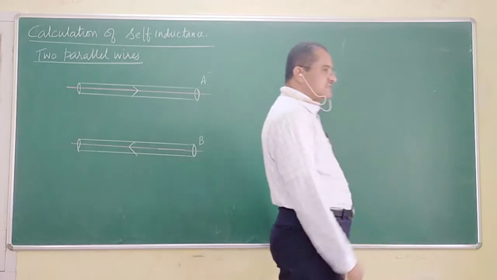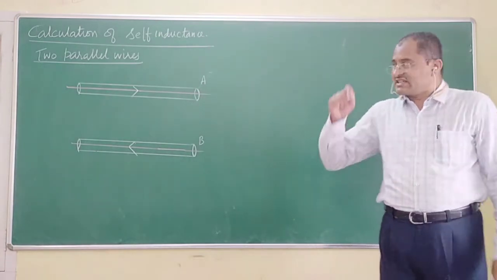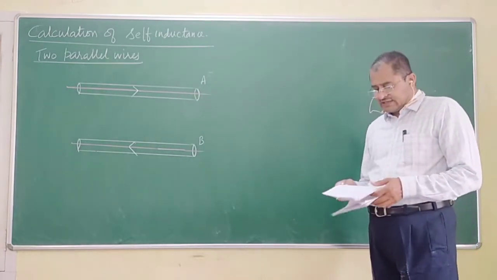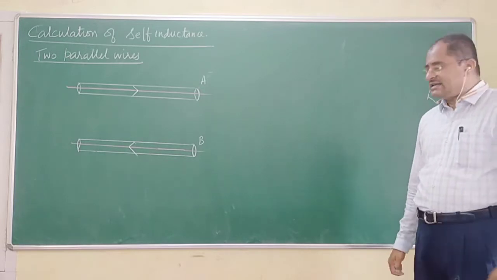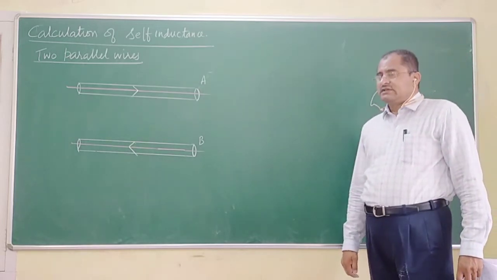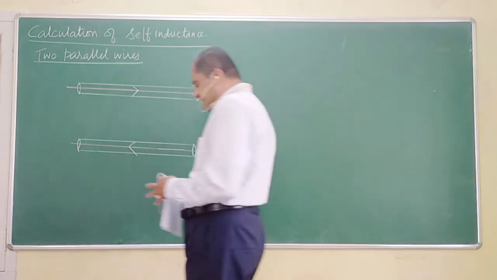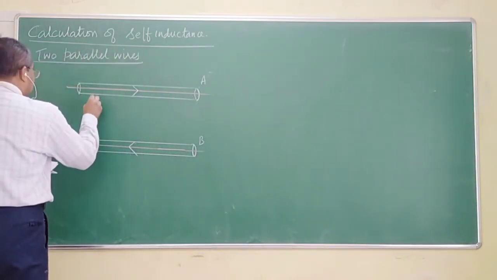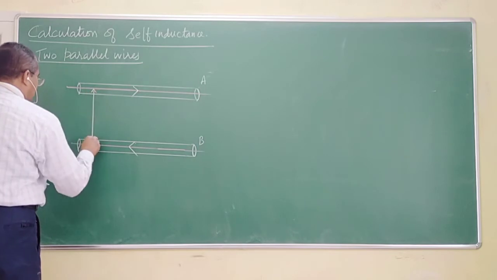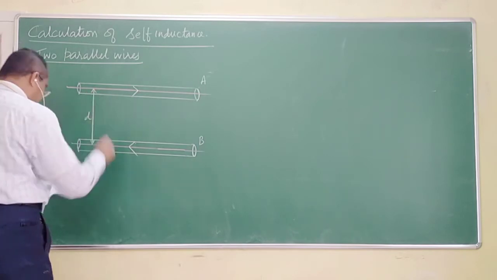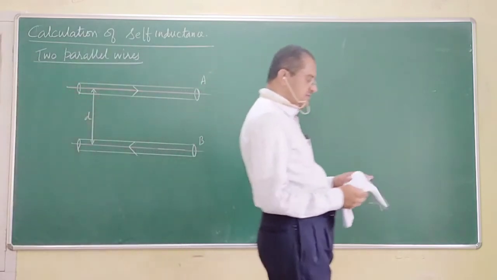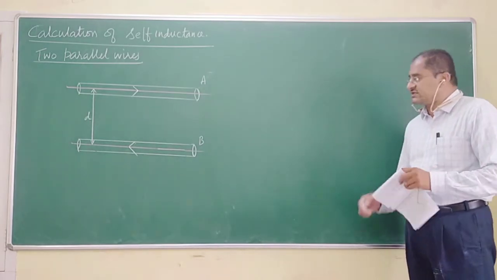So we consider this circuit, which consists of two wires A and B, identical to each other. They are placed parallel to each other, and let us say they are separated by a distance d. Is that okay to you, sir?